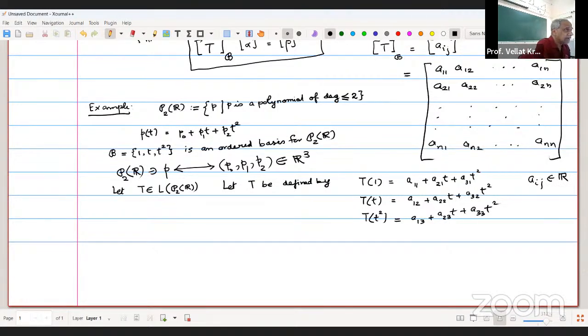So T1 is a vector in P2, which is a linear combination of 1, t, t square. T t is again a polynomial in P2, which is a linear combination of 1, t, t square, and T t square is given by this. Okay, so that defines a linear transformation.